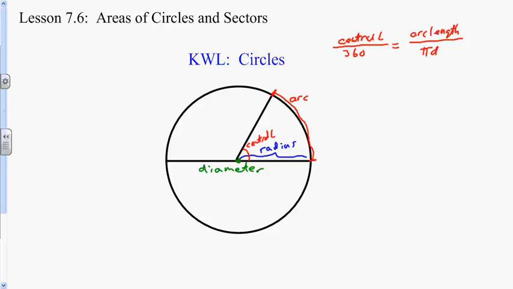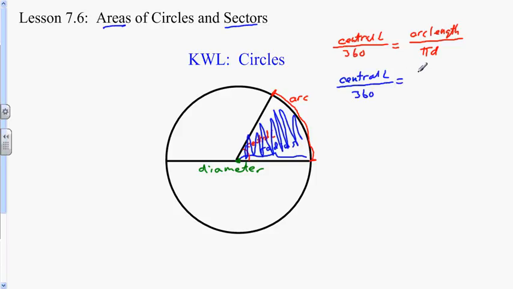Now today we're going to talk about areas of sectors. So we're going to find out the area of the inside, so a piece of a pie. And the formula for that is, nicely enough, central angle over 360, so nothing's changed.